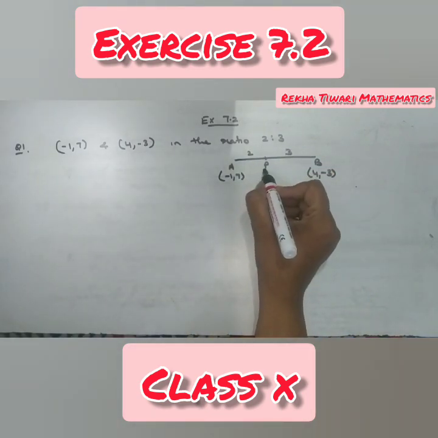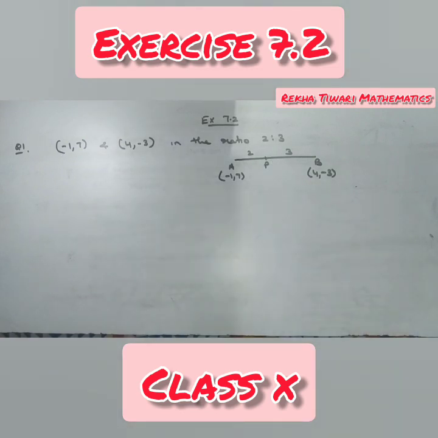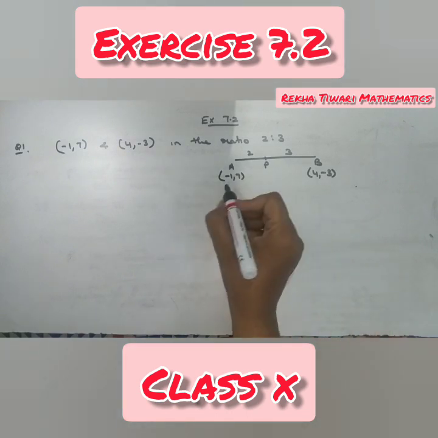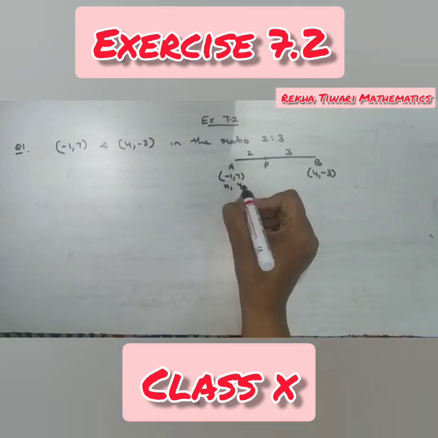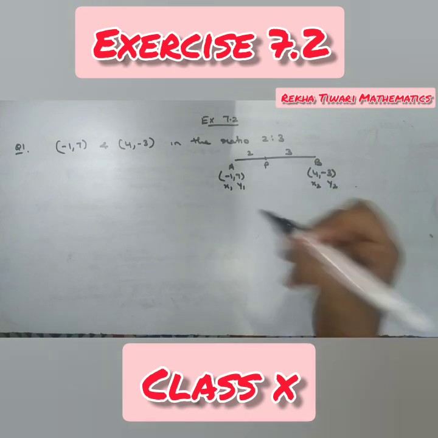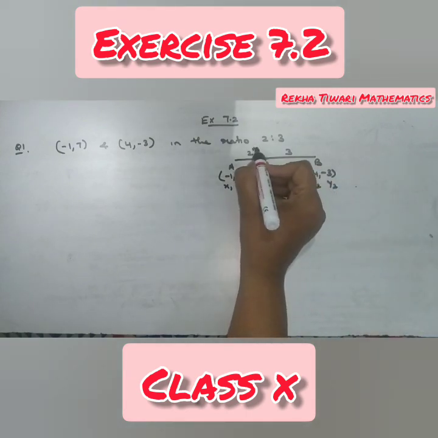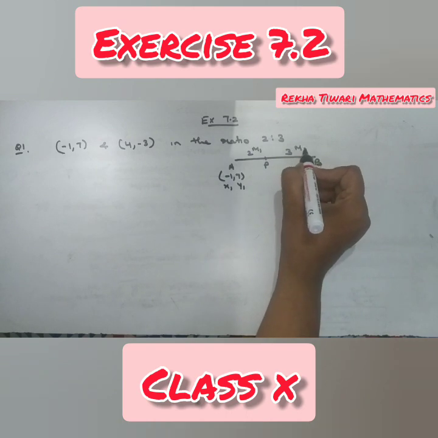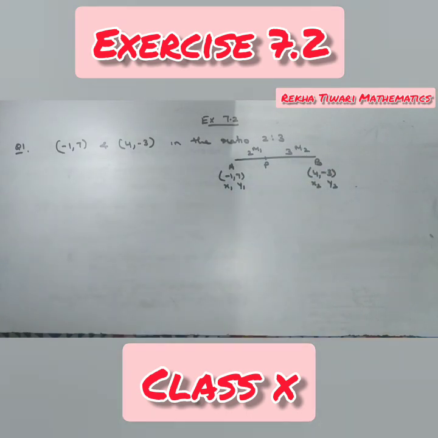So let us assume the coordinates of P as (x, y), or you can leave it like this only. Okay, so put down the values. This is x1, y1, x2, y2, the coordinates given to us. And since this is the ratio, it is denoted by m1 and m2.